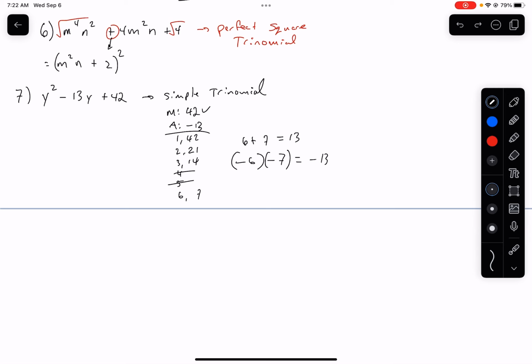Okay, so those are our 2 factors, and we like simple trinomials because with a simple trinomial, as soon as I find the 2 numbers that end up working, I can just write the variable in front of them. So here's our answer. This does not require the decomposition process. Okay, that's it.